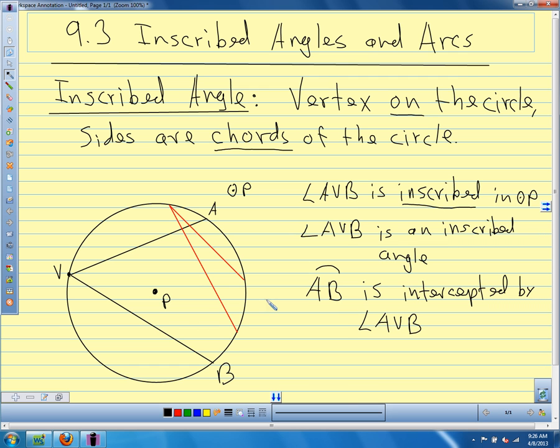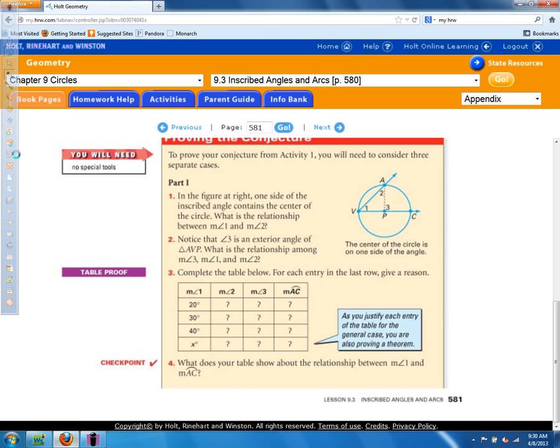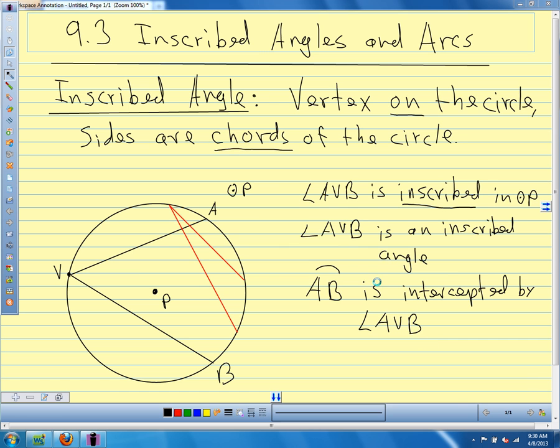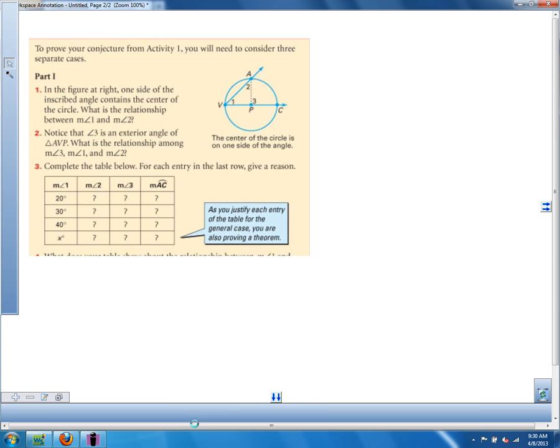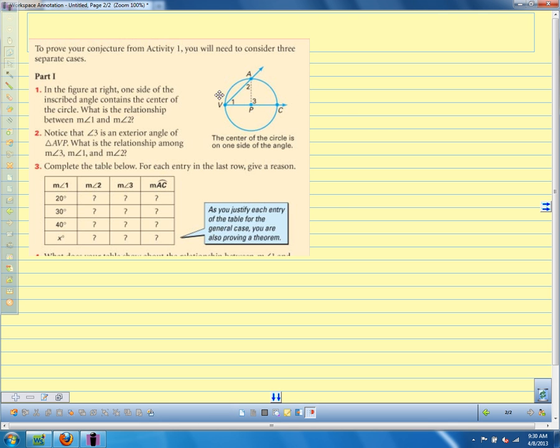This is from your book, but I'm just going to grab this page and we're going to fill out this little chart to help us figure out about inscribed angles. We're going to go through this together.